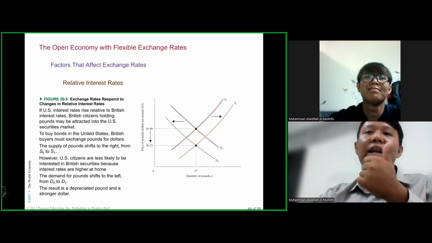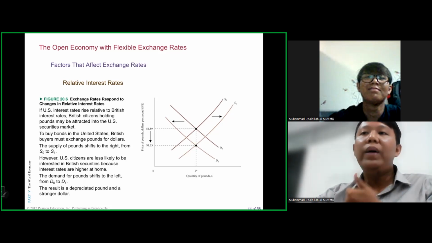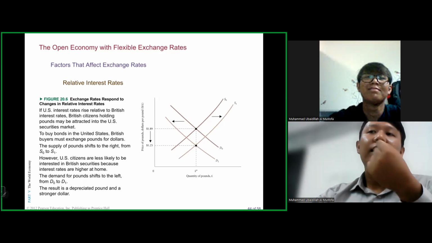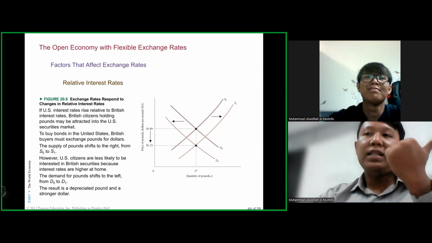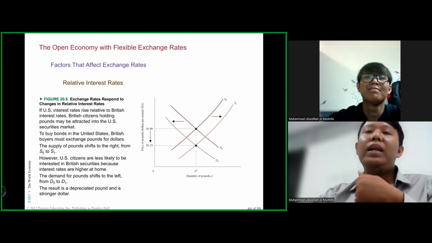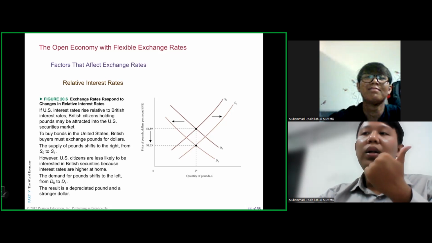We are providing them with a higher interest rate, a higher return. So the British citizens may be attracted to invest in the US market, so they will demand US dollars.